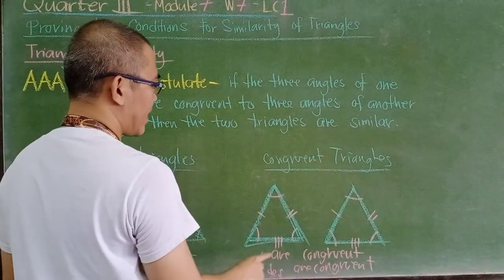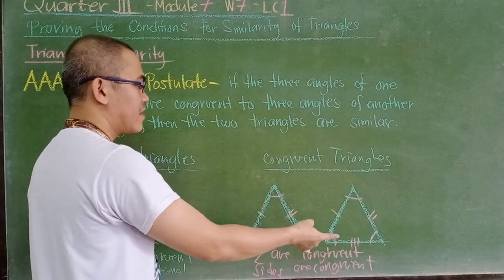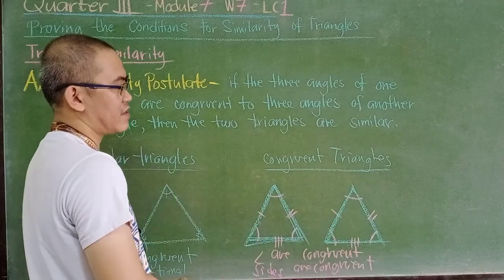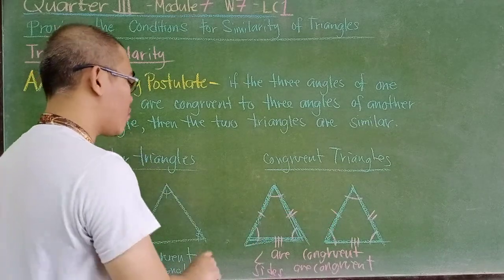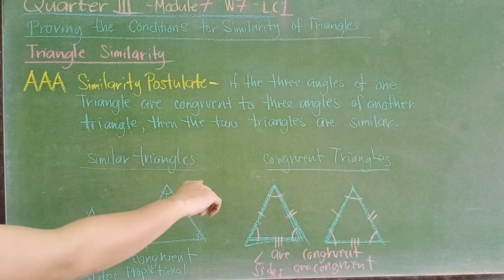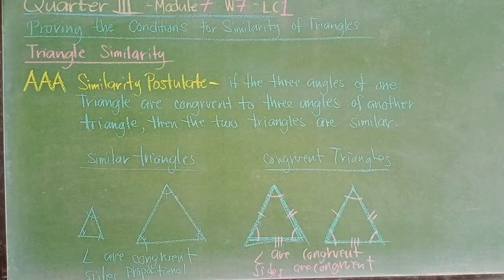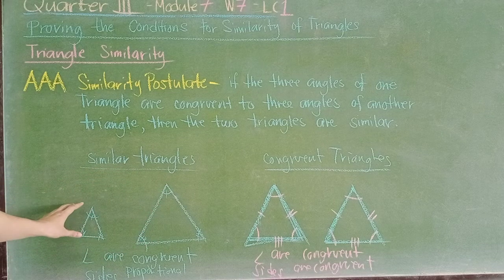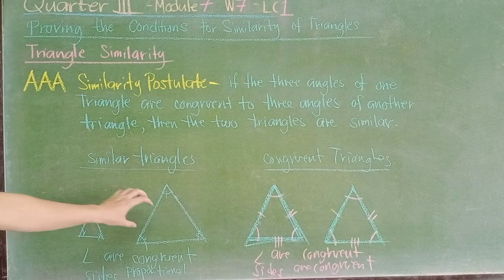Yung congruent triangles, yung angle at saka sides, parehas ng sukat. Yung corresponding angle at saka yung mga corresponding sides, parehas sila ng sukat. So kung makikita ninyo sa may congruent triangles, literal magkamukha yung dalawang triangles, magkasing laki, magkasing sukat. Sa mga similar triangles, yung mga angle nila magkasukat, pero yung sides not necessarily, proportional lang, pero hindi sila exact na magkasukat.